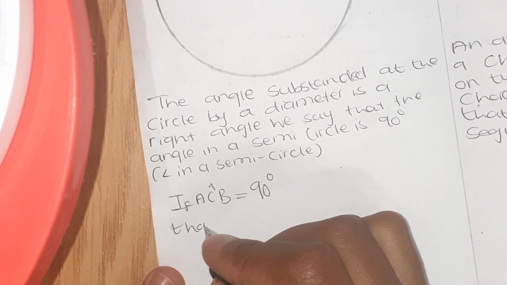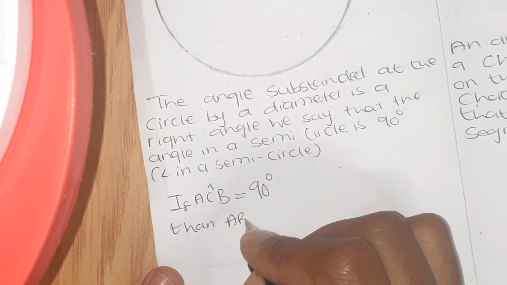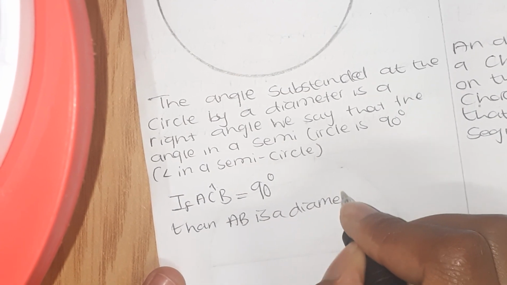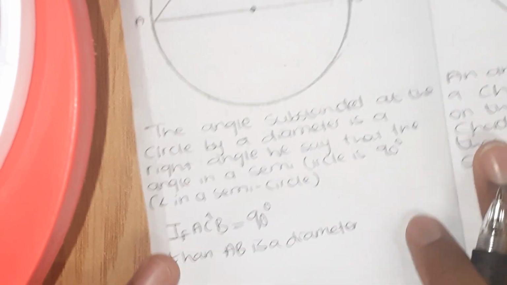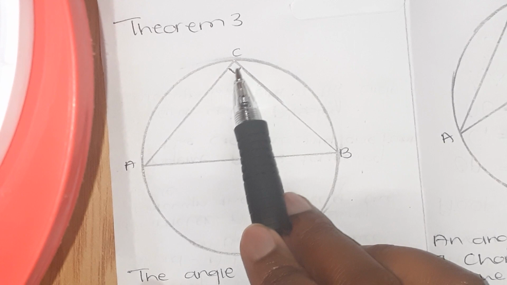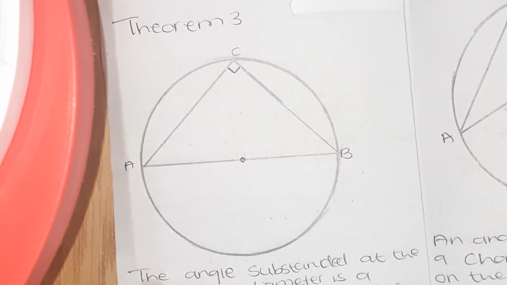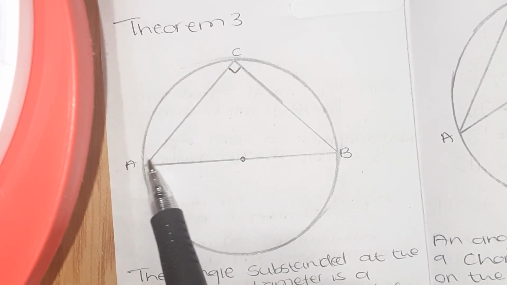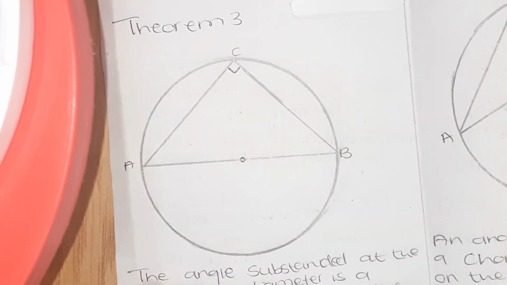Then AB is a diameter. Whenever you see this, you can just say angles in a semicircle. So to prove that this is a 90, just say AB is a diameter.